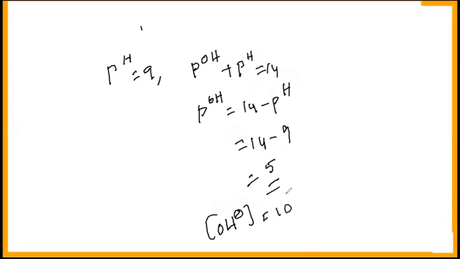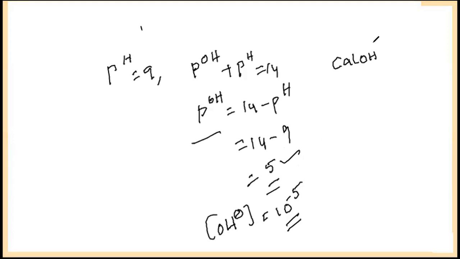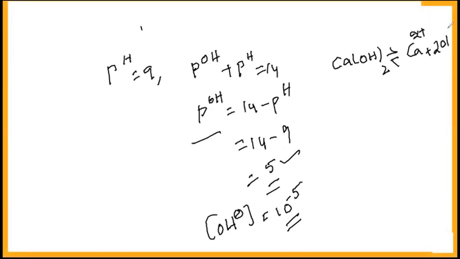If pOH is 5, the OH minus ion concentration is 10 power minus 5. But we want the solubility product for Ca(OH) taken twice. Here I can write Ca2 plus and 2OH minus.